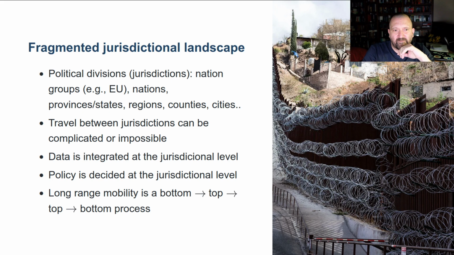And it's important to see that long-range mobility typically goes through a variety of jurisdictions. So everything is quite fragmented in the way it presents when you try to understand it.